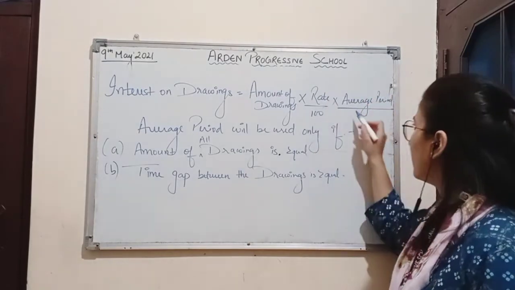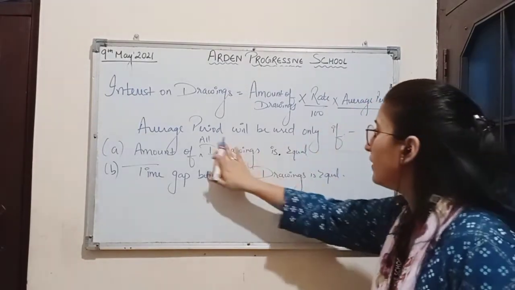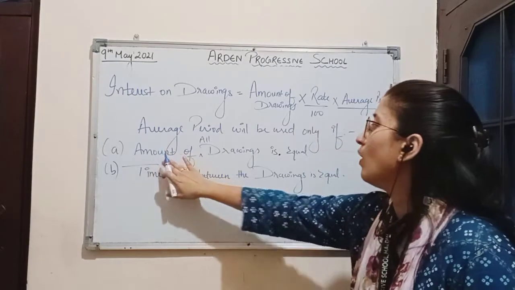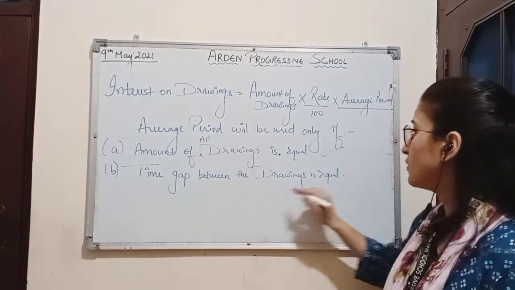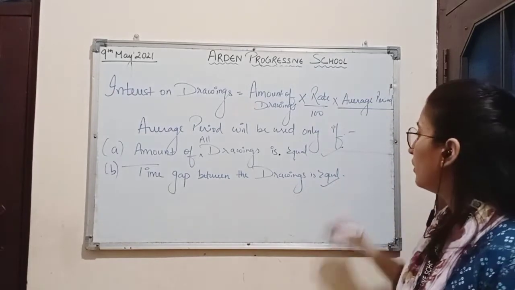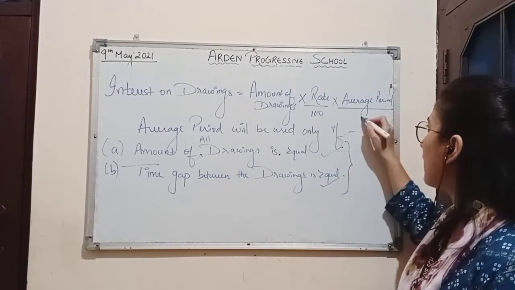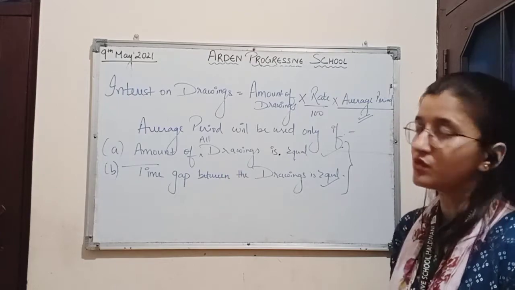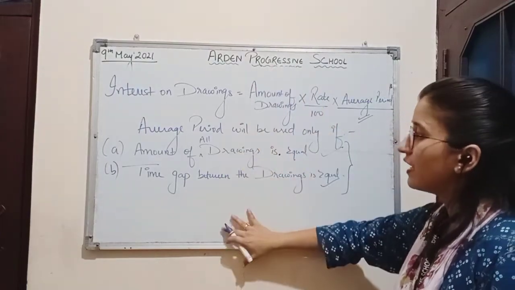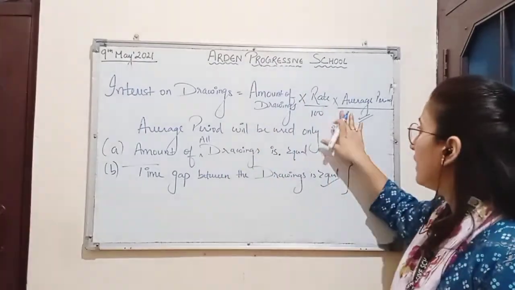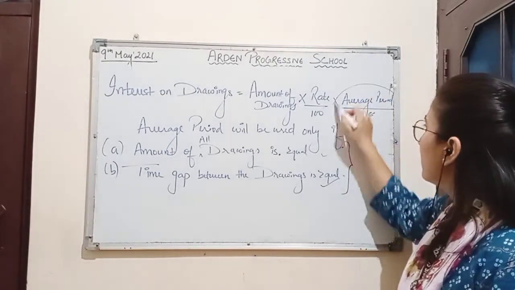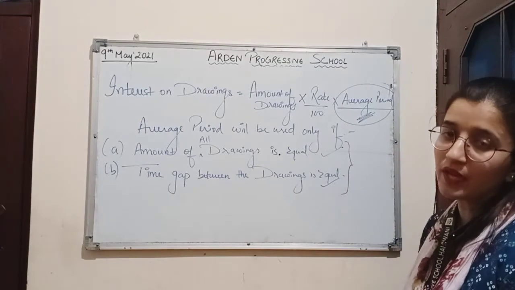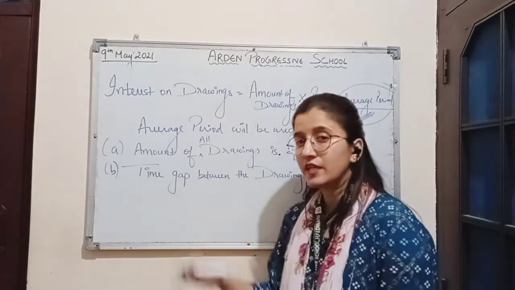So the average period will be used only when all the amounts of drawings are equal and the time gap between the drawings is equal. Only in these cases the average period will be used. In every case which we will be discussing, the average period will be calculated. Now we will find out how to calculate the average period in each case.